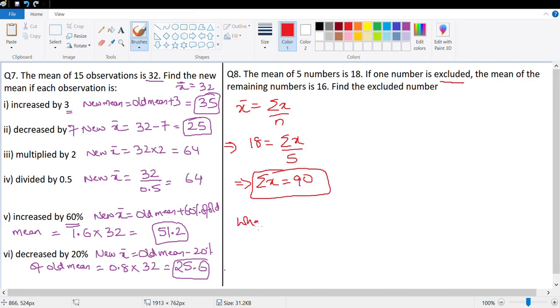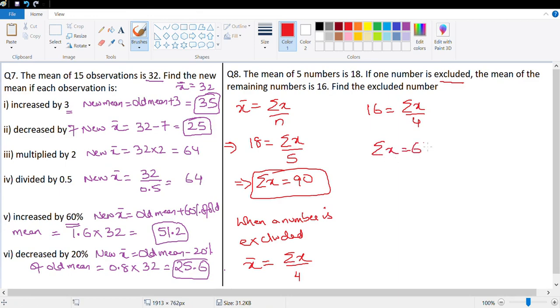If one number is excluded, what we get is mean is equal to summation x upon 4. In this case, the mean of the remaining numbers is 16. So 16 is equal to summation x upon 4, which is summation x is equal to 64.